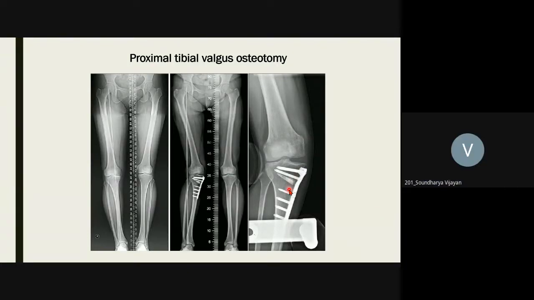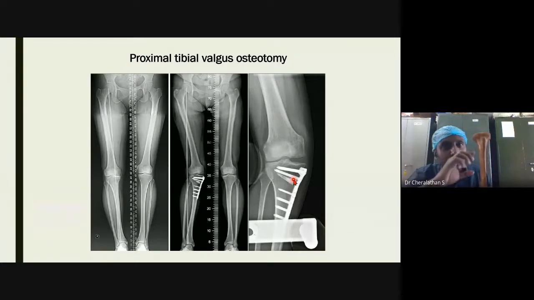So in that case, we call it a closing wedge osteotomy. Now, if you do the reverse, you actually create a triangle and place some bone in that area. We call it an opening wedge osteotomy. Now, if you consider it to be done in the distal femur, if you take a horizontal cut here and you open it on the lateral side, you will be actually causing varus, right?